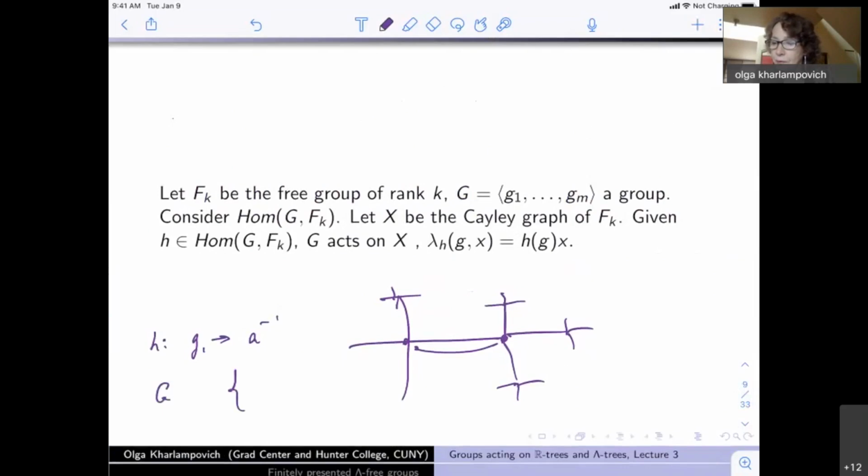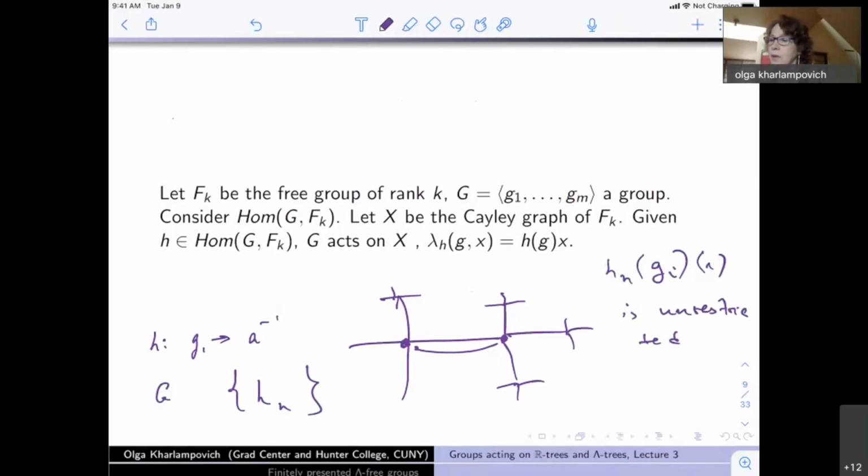Suppose they are not conjugate, and suppose they are different enough, like h_n(g_i) is unbounded. So h_n takes g_i's into longer and longer elements.